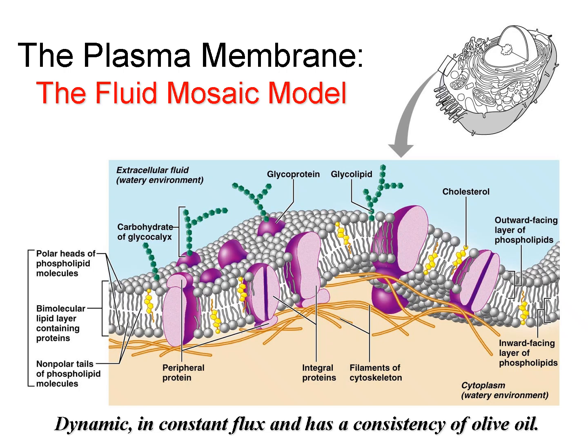Most of the integral membrane proteins play a role in transport. They can serve as pores or channels, as carriers, receptors, or as enzymes. Peripheral membrane proteins attach loosely to the integral membrane proteins on both the inside and outside of the plasma membrane.